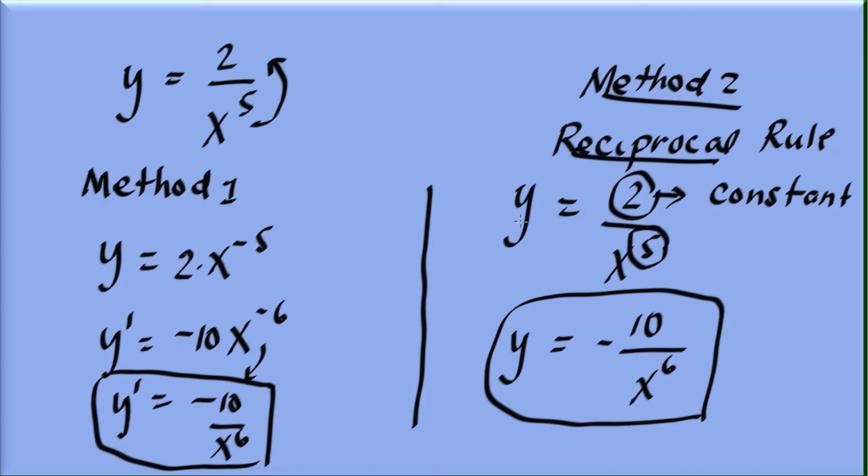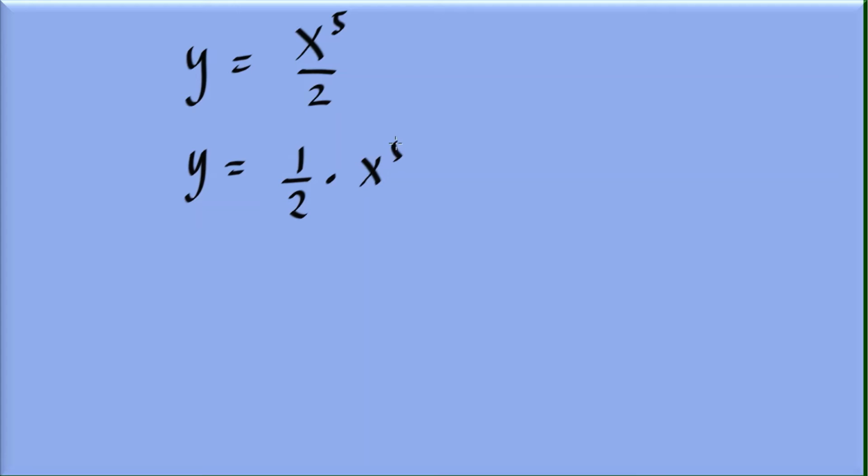Right? Now, if I turn it upside down, so if I say now I have x to the fifth over 2, so this is a fraction, but take note, I can rewrite this as 1 half times x to the fifth. Now, this is not different from, let's say you have 2x to the fifth.